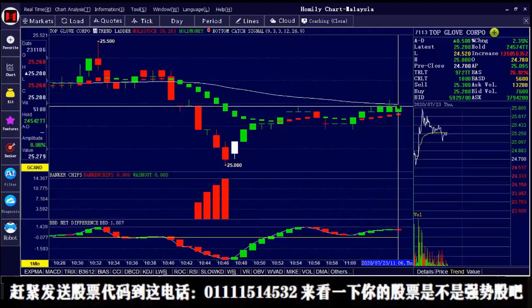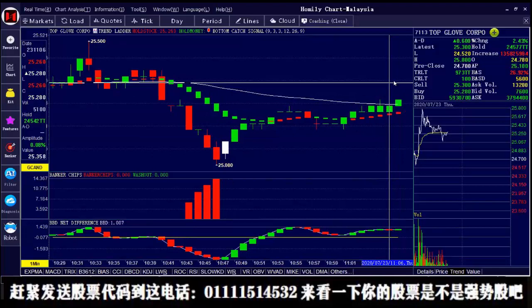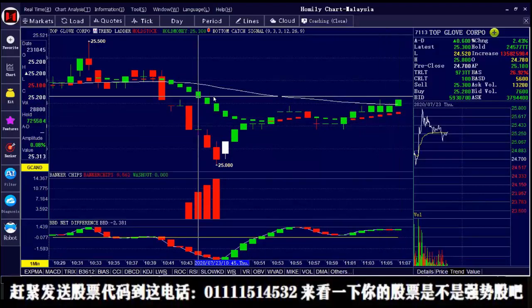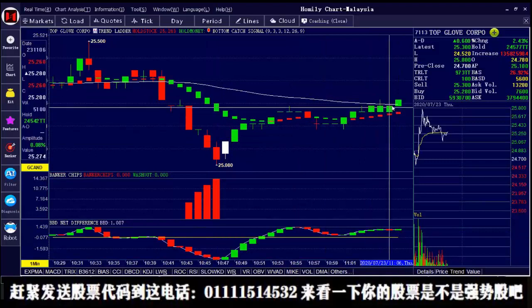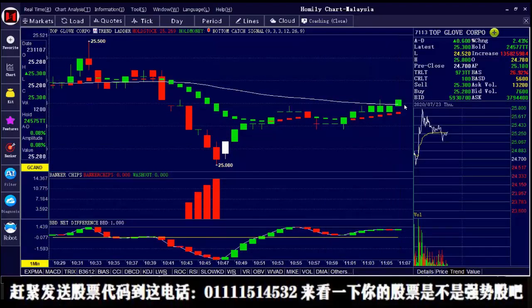Now you can see it getting resistance from the white line. Once it is above the white line, it should be a third wave or break already. This one is 1 minute. After this 1 minute or 2 minutes later, if it is still above the white line, it will go up.